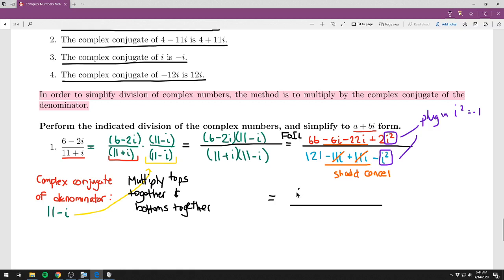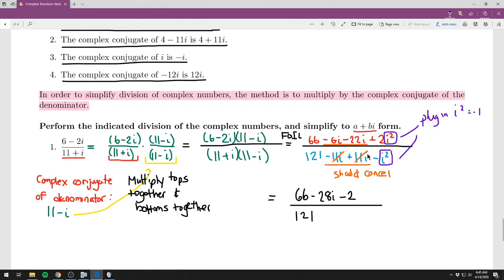All right, so on the top we got 66. Negative 6i minus 22i is negative 28i. And then 2i squared, when we plug in negative 1, that changes the sign to give us minus 2. And on the bottom, 121.